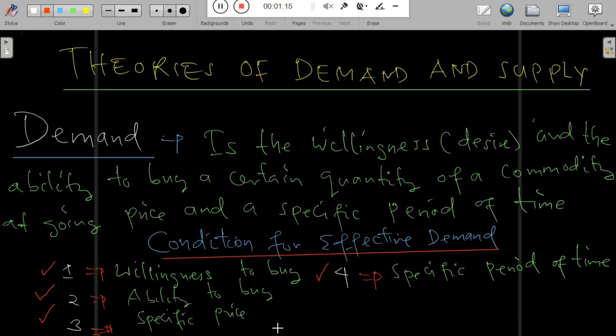If these conditions are not fulfilled, demand cannot be achieved in a sustainable way.